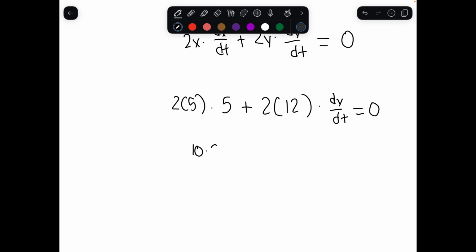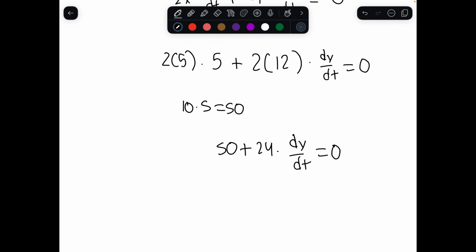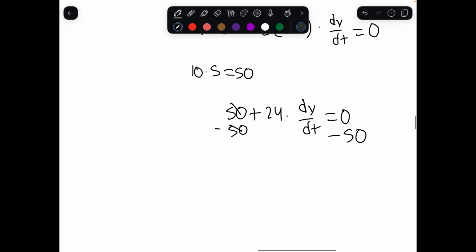10 times 5 is 50. So it's going to be 50 plus 2 times 12, which is 24, 24 dy/dt, which equals 0. And since we're solving for dy/dt, get dy/dt by itself. So first subtract 50 to get it to the other side. You get 24 times dy/dt equals negative 50.